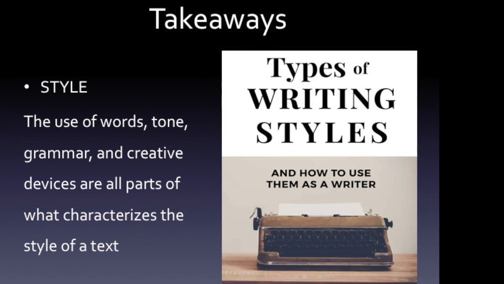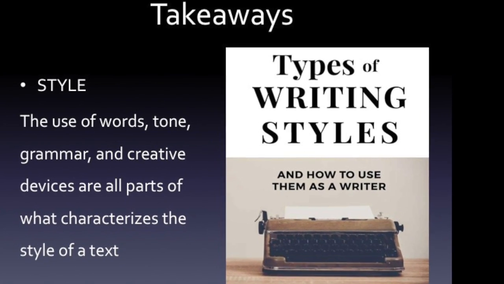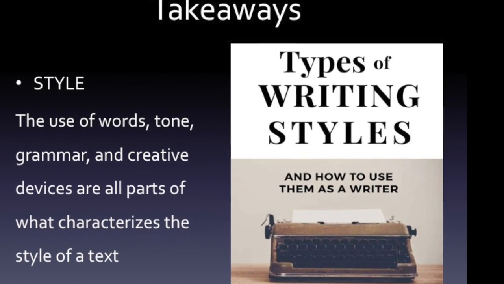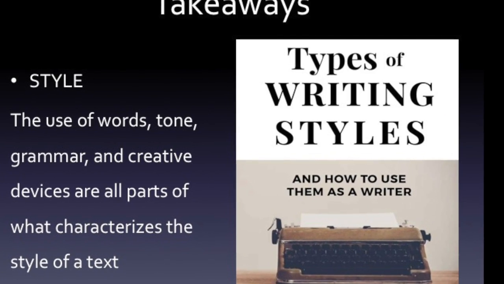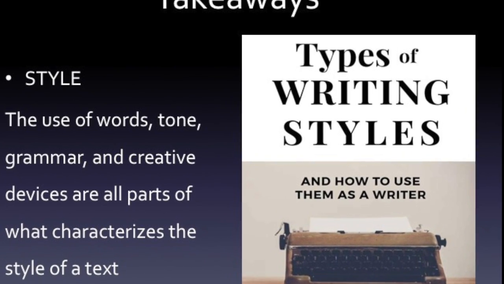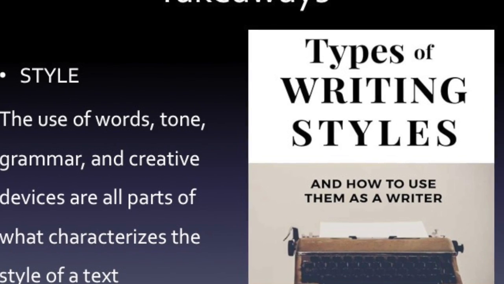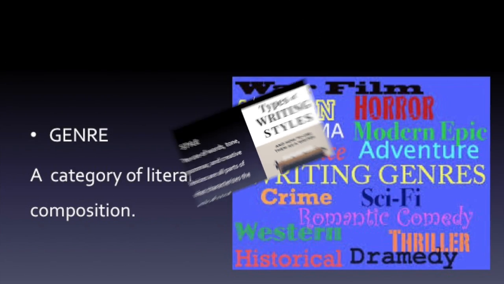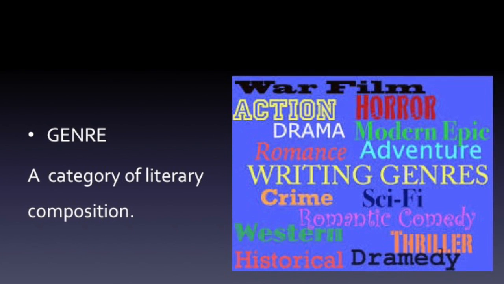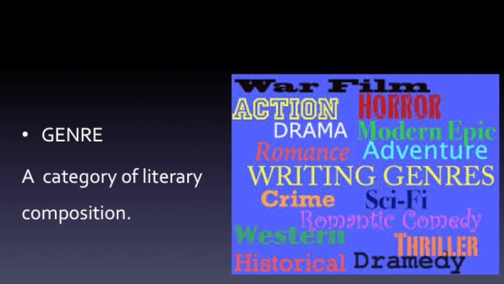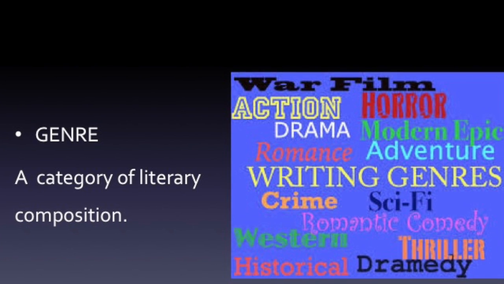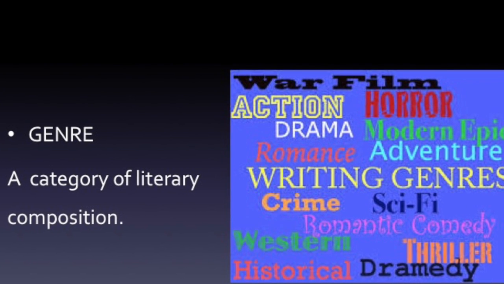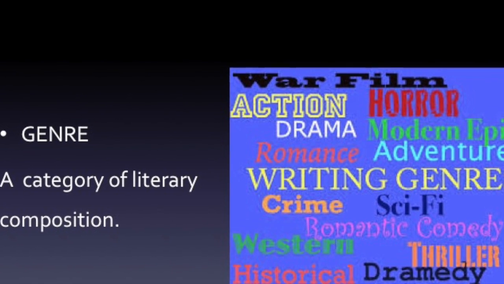Takeaways. This activity was extremely valuable because it reminds us what style is and what the characteristics of a text are. Style is the use of words, tone, grammar, and creative devices that authors use in their texts. Genre is a category of literary composition where we can find drama, crime, spy. Also, text type.